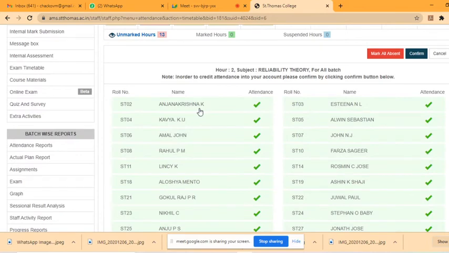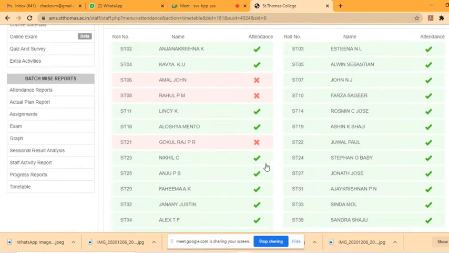Anjana Krishna. Present, sir. Kavya. Present, sir. Amal John. Rahul PM. Lindsay Aloysius. Gogul Raj. Nigel. Anju PS. Fahima. Estina. Alvin.